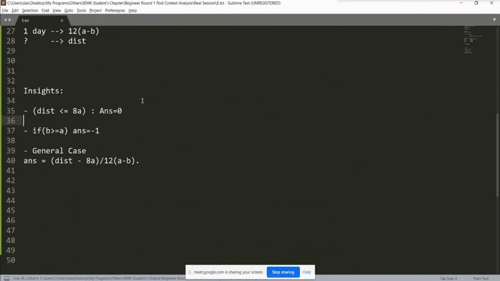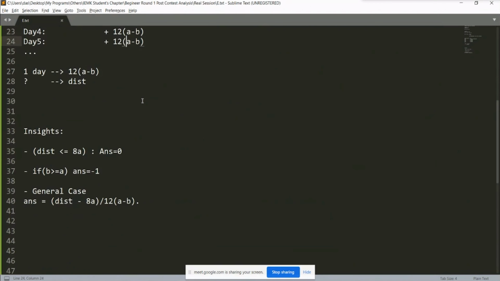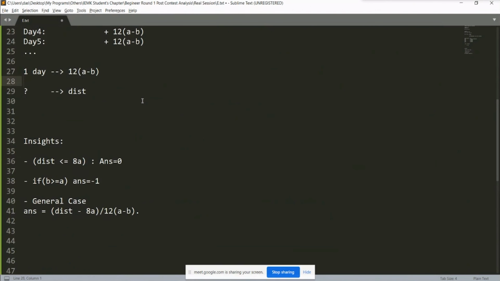Is it clear why it is distance by 12A minus B? Because one day it is 12A minus B unit, 2 days 24 times A minus B unit, 3 days 36 times A minus B, and so on and so forth. And how many days? Distance by 12 times A minus B. Time is distance upon speed. So that's very simple. This is all you need.